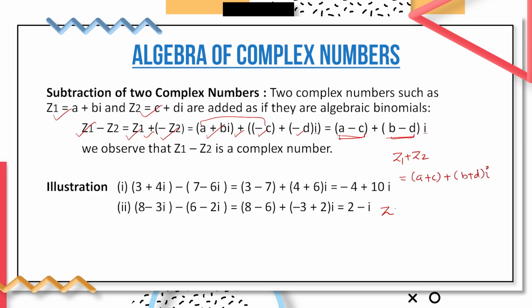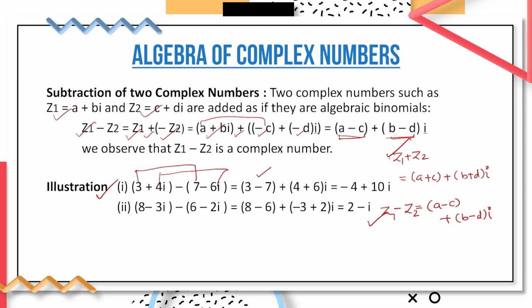So, Z1 minus Z2 is nothing but performing the subtraction operation for the real part and the imaginary part separately. You can again perform the illustrations, which are self-explanatory, wherein you are subtracting the real component and the imaginary component separately.